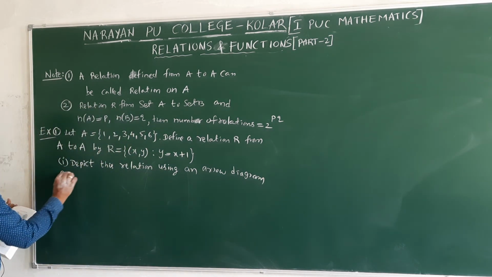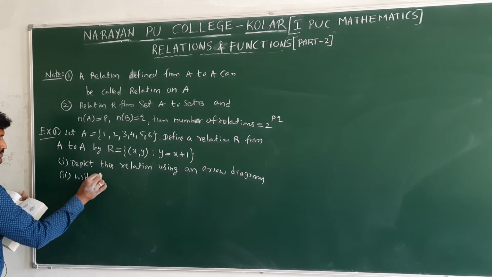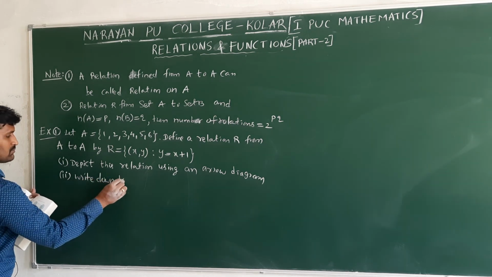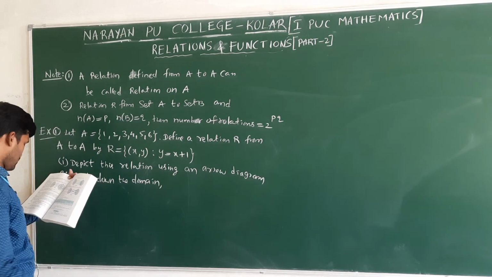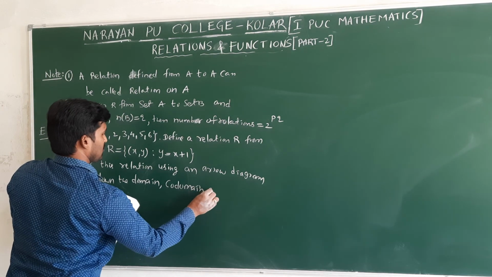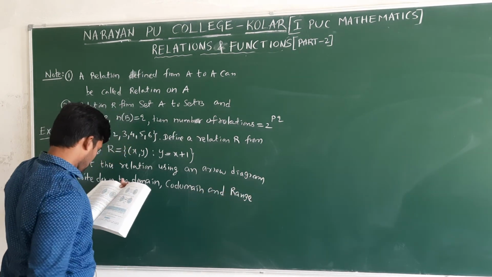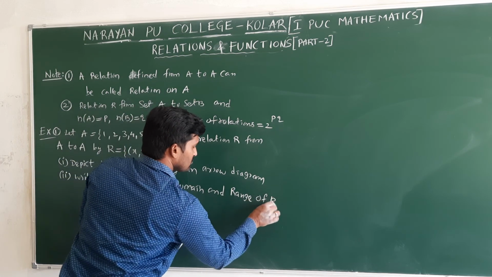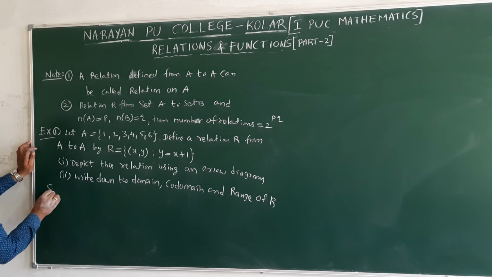Second question: write down the domain, codomain and range of R. First we need to write the relation, okay, then you can understand.